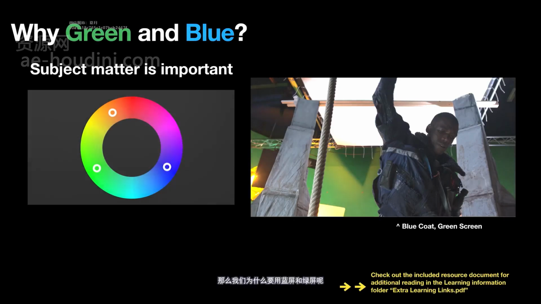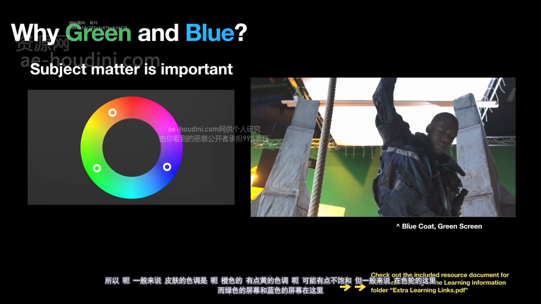So why are we using blue screens and green screens? If we remember, one of the main reasons is subject matter. Generally skin tones are in the orange, yellowish tones, maybe a little bit desaturated, but generally over here on the color wheel, whereas a green screen and a blue screen are over here.